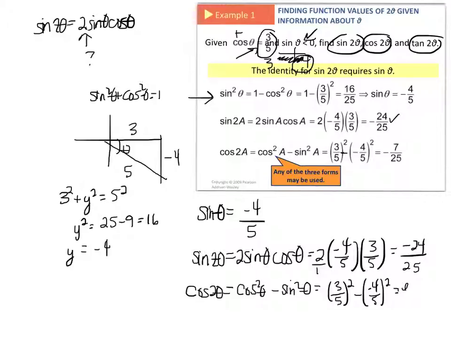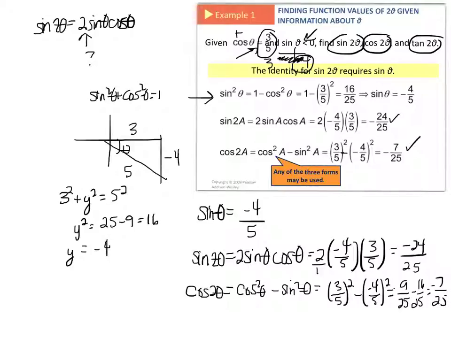Oops, can you guys see that? Which is equal to 9/25 minus 16/25, which is equal to negative 7/25, which is what they got right up here as well.